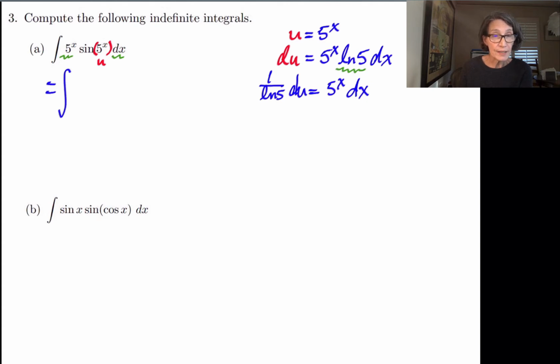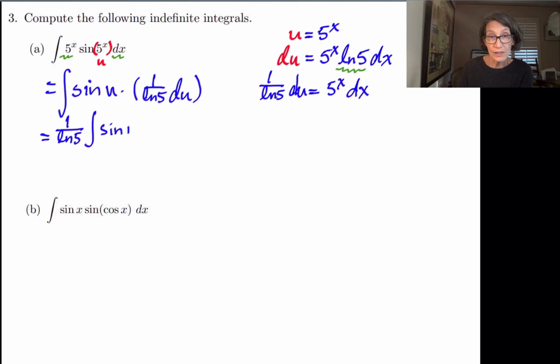So we get the indefinite integral of sine of u times 1 over the natural log of 5 times du. And now 1 over natural log of 5 is just a constant that can be pulled out of the integral. So we have 1 over natural log of 5 times the indefinite integral of sine of u du.